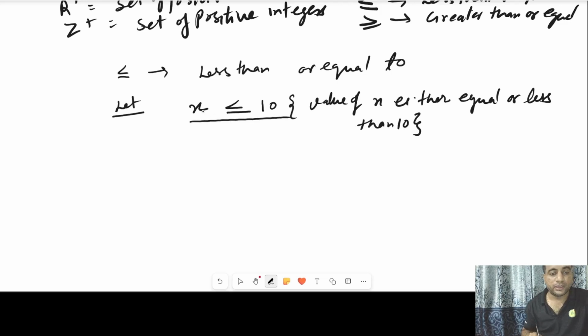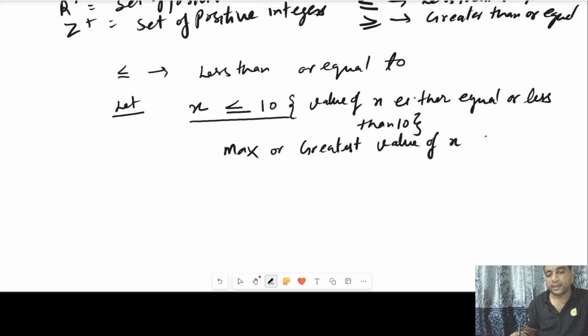If it is not given where x belongs, meaning whether x is rational, irrational or integer, then we must assume that x is real. So x is real, and it is less than or equal to 10, meaning the maximum or greatest value of x is 10.